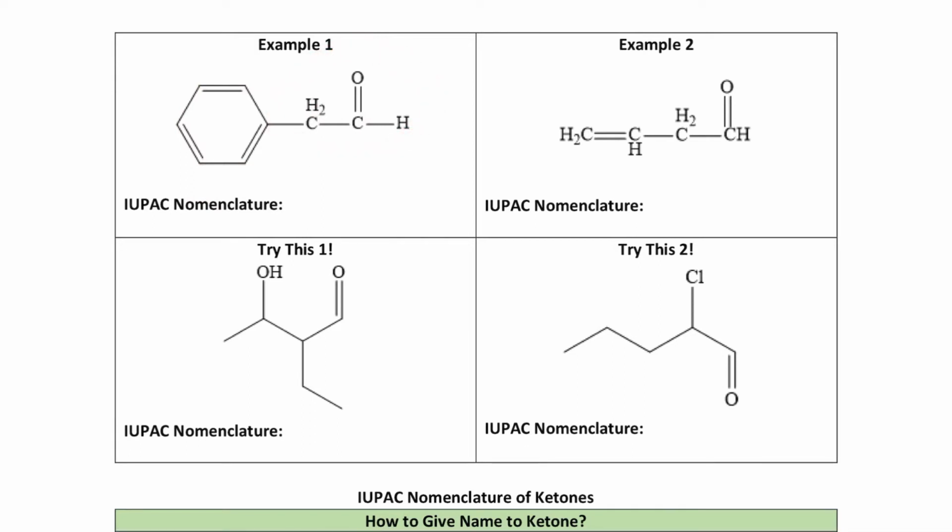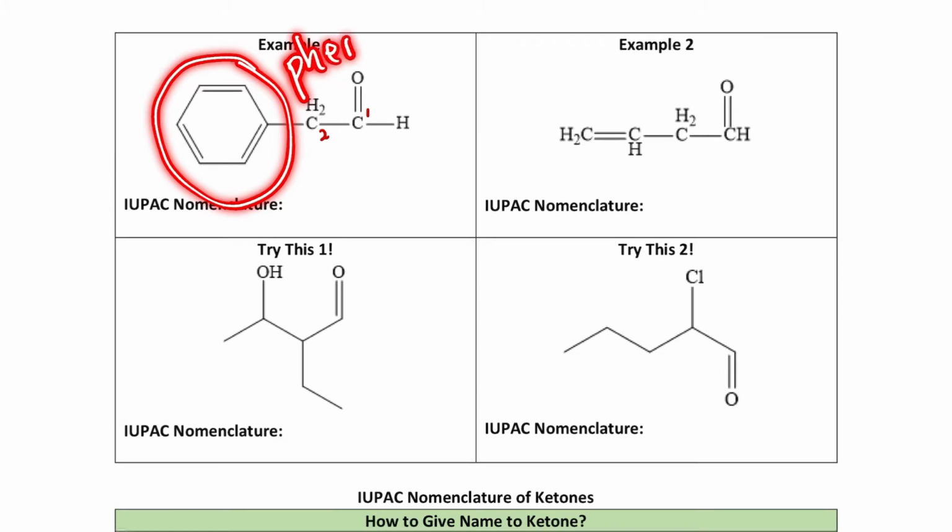Number 1 starts from the C double bond O for the aldehyde. So this is carbon number 1, this is carbon number 2. That means there are only 2 carbons, so the parent is ethanal. Then at carbon number 2 we have this substituent, benzene. But we know that when benzene becomes a substituent we call it phenyl.